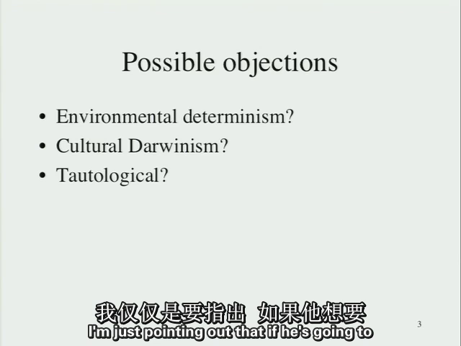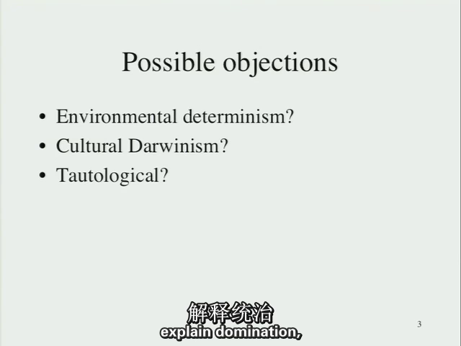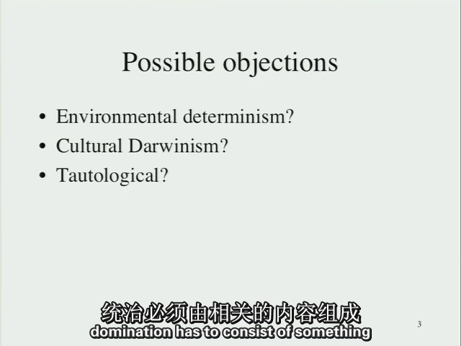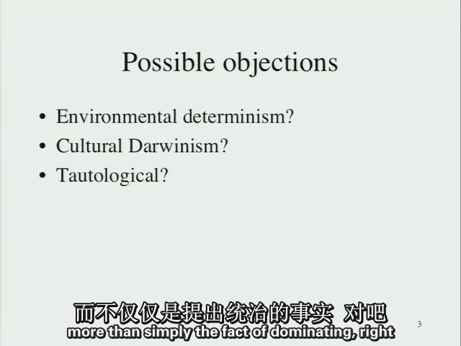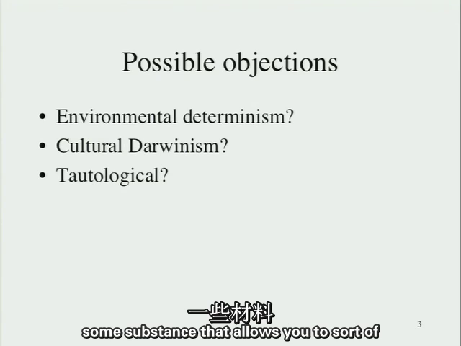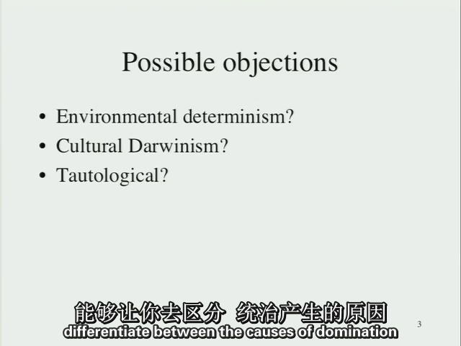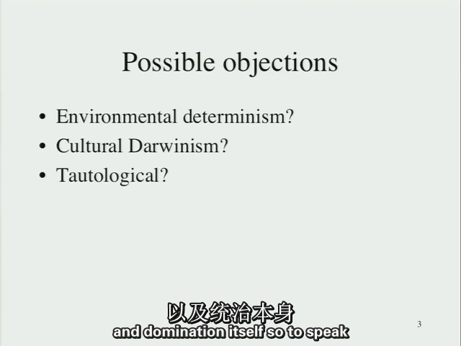I'm just pointing out that if he's going to explain domination, domination has to consist of something more than simply the fact of dominating, right? It's got to have some content, some substance that allows you to differentiate between the causes of domination and domination itself, so to speak.